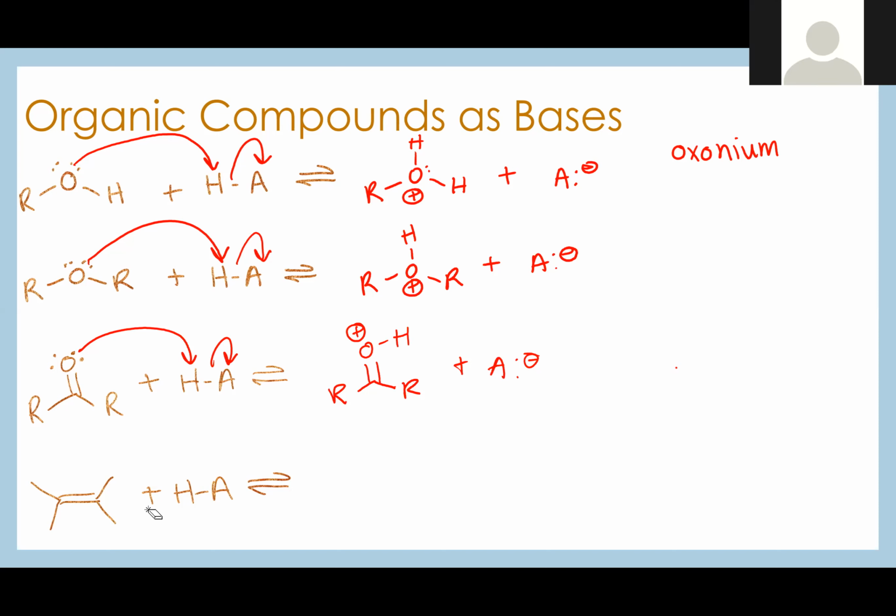In the pi bond. Right. So remember how I took a lot of time explaining that a pi bond is above and below the sigma bond? So you have your flat alkene, and then your pi density is above and below. The reason why that's important is that these electrons are free to react.